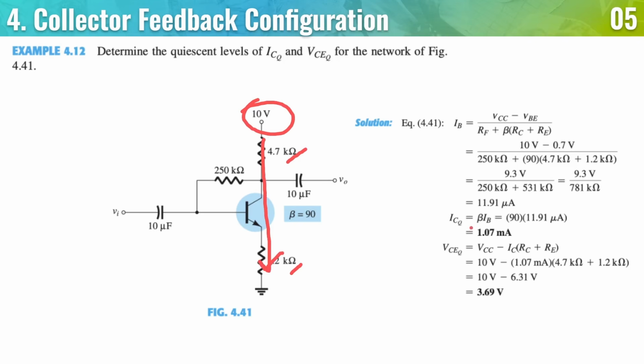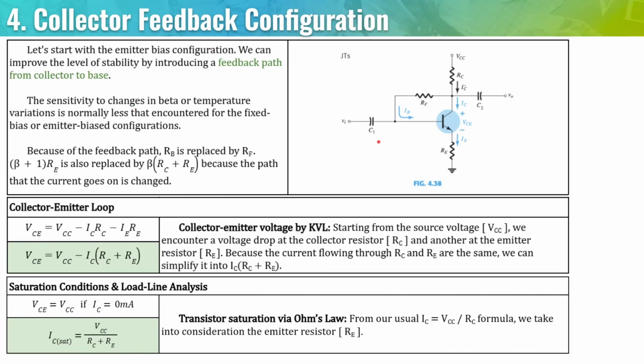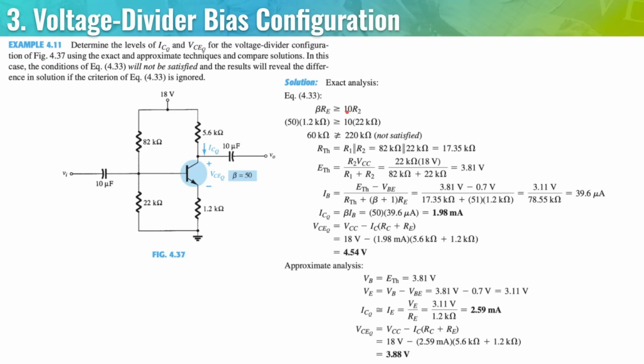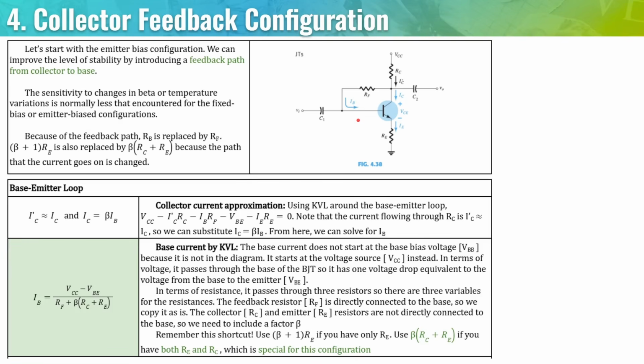So again, this is the same. So you can just group them under IC. That is how you get 3.69 volts. So the collector feedback configuration is relatively easier compared to the voltage divider bias configuration. It's just more like the fixed bias and the emitter bias.